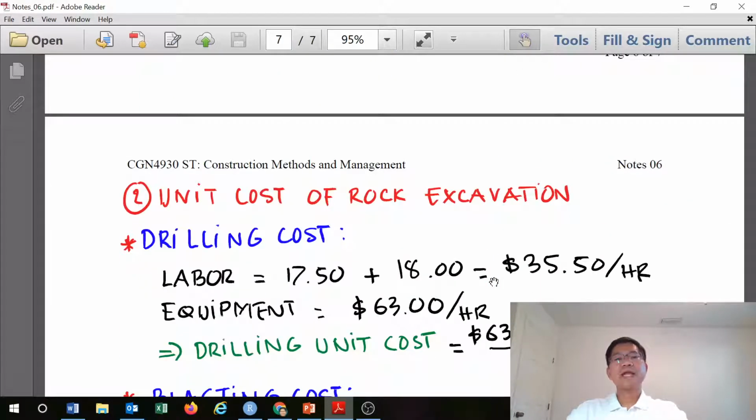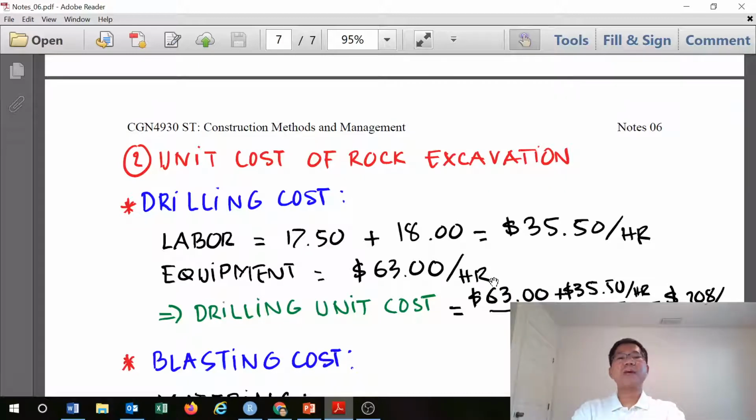And with that, the next step is to find out the unit cost of excavation. For the unit cost of excavation, in this case, we have to loosen the rock, and there are two components: drilling and blasting. For drilling, we don't have material, we only have labor and equipment.